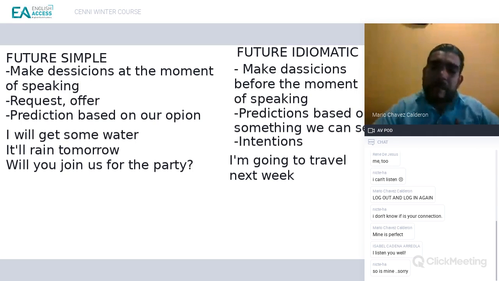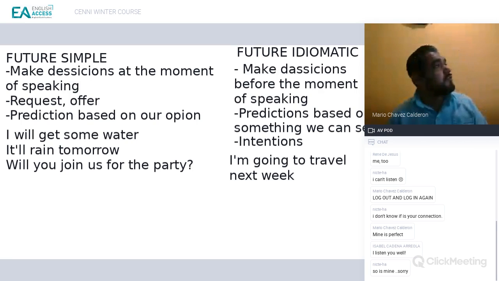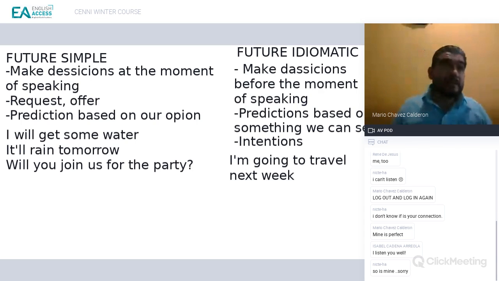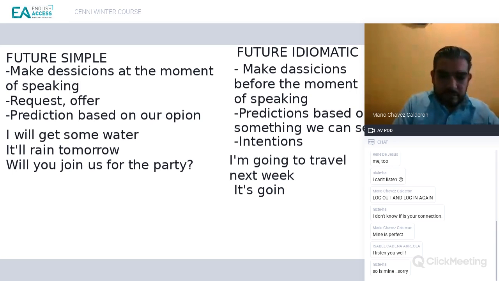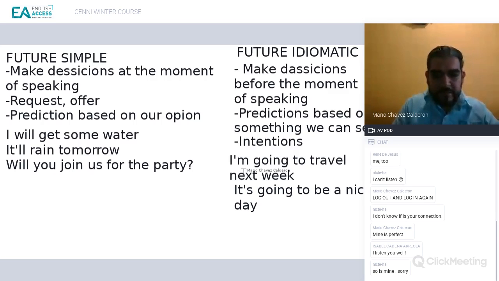Then we have predictions based on something we can see. For example, let's say that you get out of your house and you see it's very sunny, so you say, it's going to be a nice day.